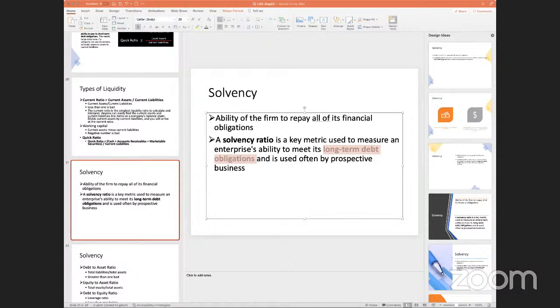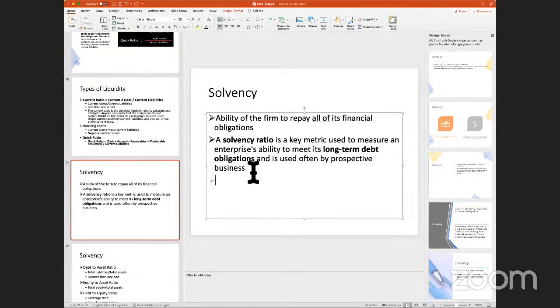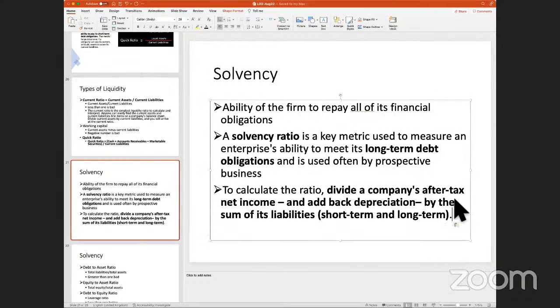So if you have short-term liabilities, long-term liabilities, and depreciation, in order to find out the solvency ratio of the company, you take the net income of the company, add the depreciation, and then subtract the liabilities from it, to arrive at the position of whether the company is able to meet its long-term debt commitments or not.